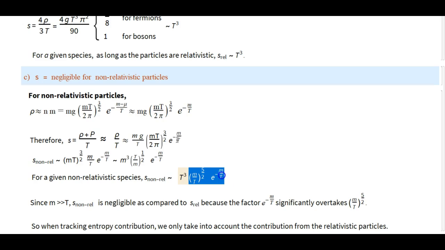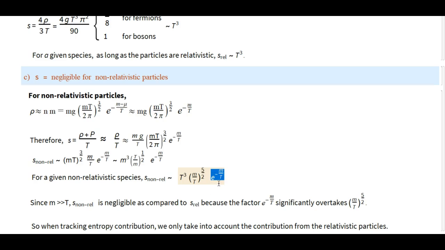Now this additional factor which we have here in the non-relativistic scenario has two factors. One is that as the temperature drops, this term increases, which means this term contributes to an increase in entropy as temperature drops. But then there is a much higher contribution coming from the second term.